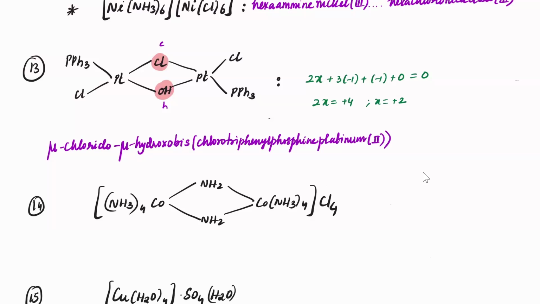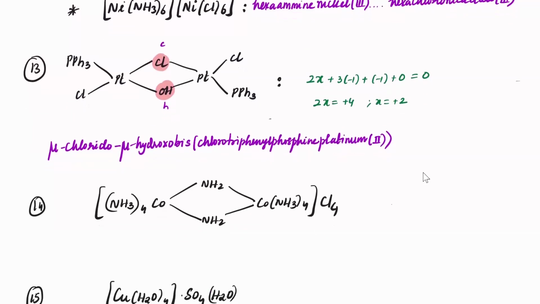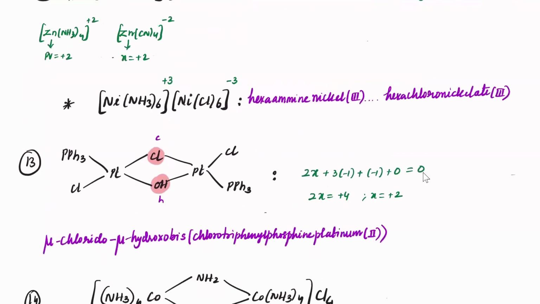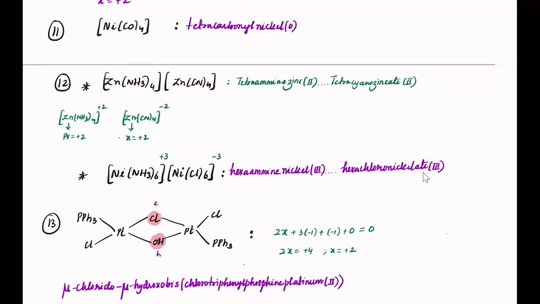So I suppose this part is clear. So this is how you can get the oxidation state as well as the complete name of a complex which has bridged ligands. Again check 11 to 13.